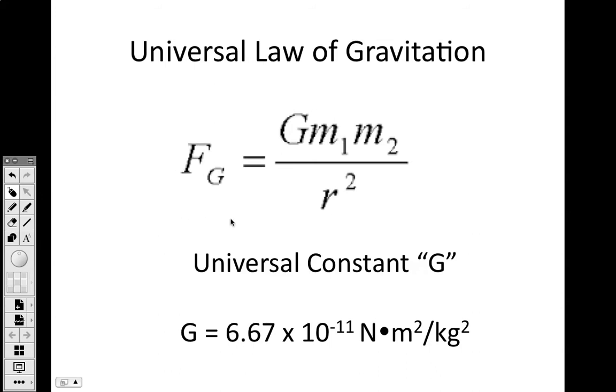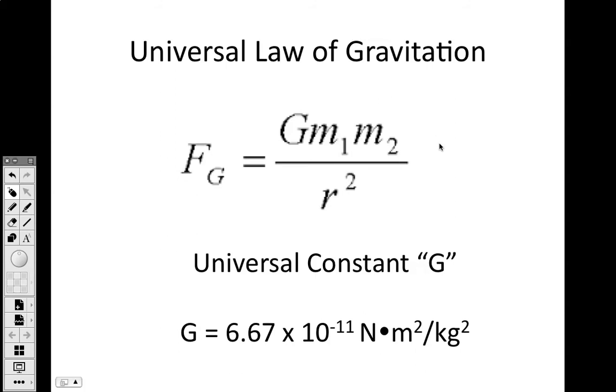And here's our equation for the universal law of gravitation. It's denoted with a capital F and a subscript capital G. We also see a capital G within the equation, and that capital G is called the universal constant. It has the value 6.67 times 10 to the negative 11th, and that's a constant value, so you can always plug that value in for capital G. We also have M1 and M2 on the top of our equation.